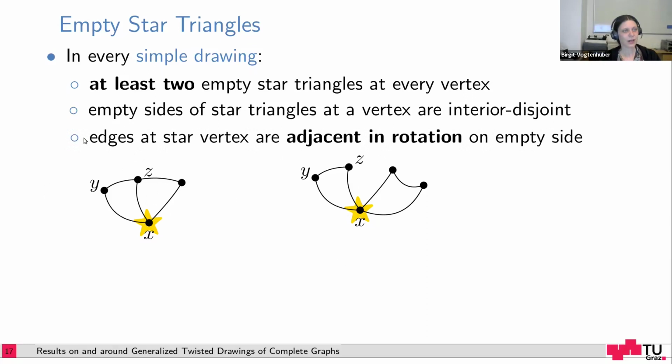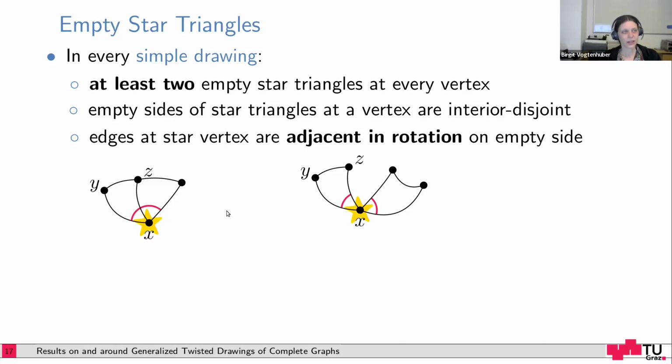Moreover, if we look at the edges at the star vertex, then on the empty side of the triangle, they are adjacent in the rotation about that vertex. And these two things were an essential ingredient for first showing 2 1/3 empty triangles in simple drawings, and then later with additional properties, more empty triangles in simple drawings.